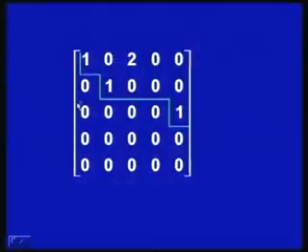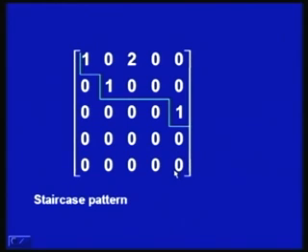Now, one may notice that this is the boundary where we have non-zero elements; the rest of the elements here are zeros. This pattern is a sort of staircase pattern, and that is why we call this matrix an echelon matrix or a staircase matrix.